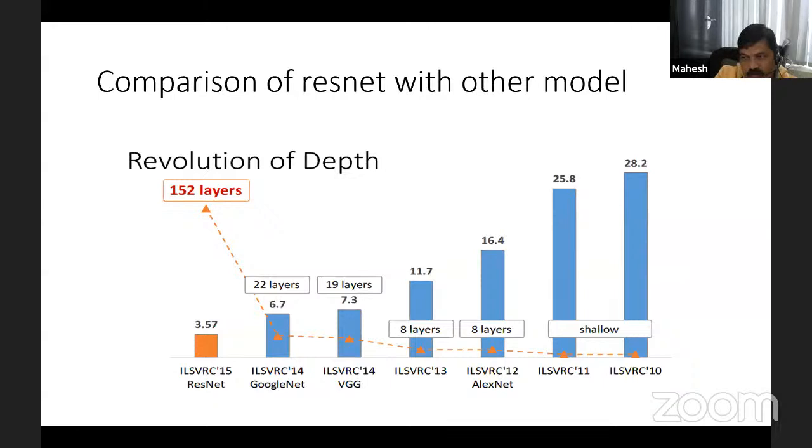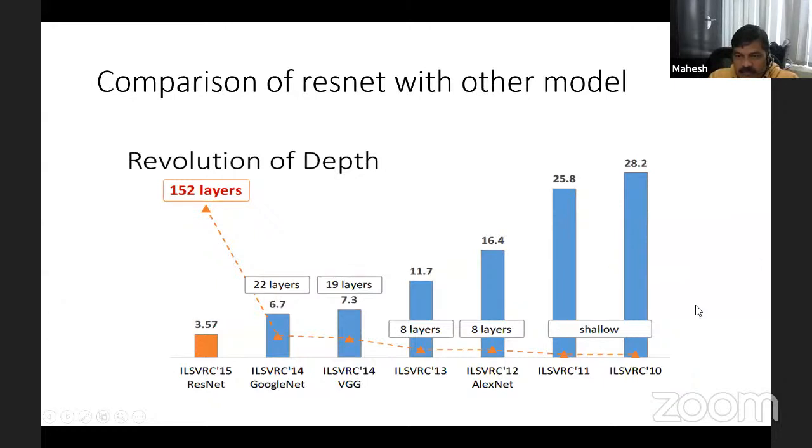We should not be concerned about cost or hardware, because it is a matter of the life of the person. That's why people recommend using more layers without compromising accuracy. This is the revolution that happened with ResNet, in terms of layers and in terms of accuracy.